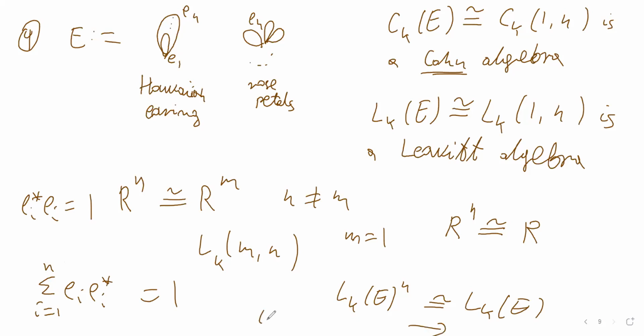You take an element in here, e_1 up to e_n times some numbers, say lambda_1, ..., lambda_n, okay? And you take the scalar product with e_1*, ..., e_n*. And we apply the scalar product, and you will get simply the sum of all these lambdas.